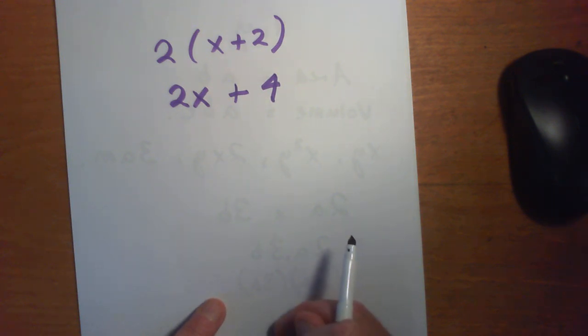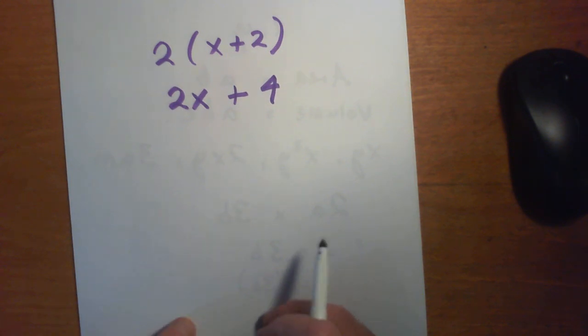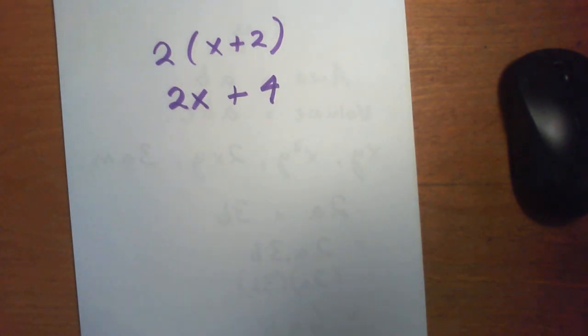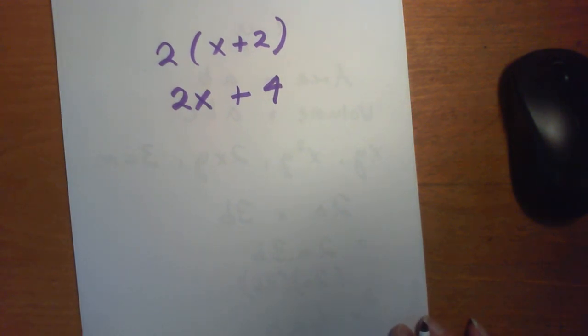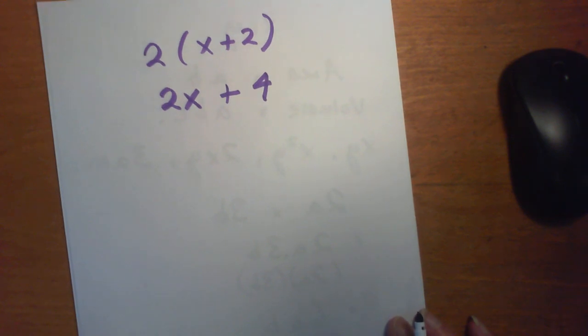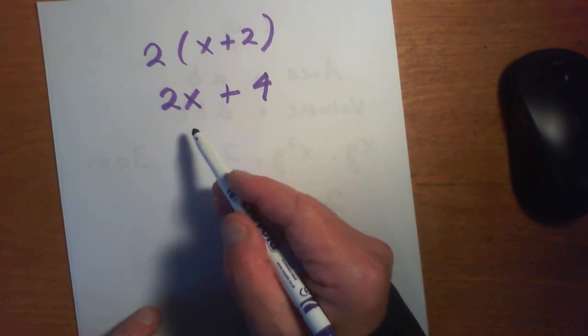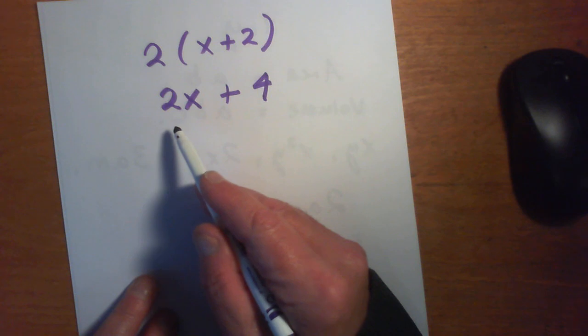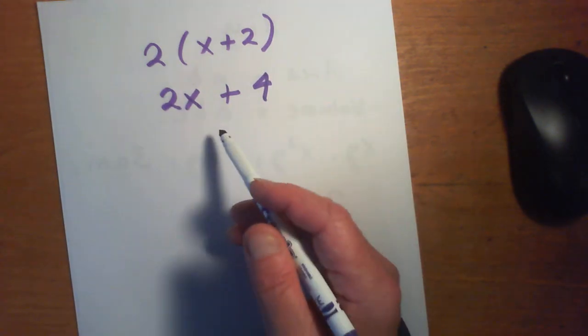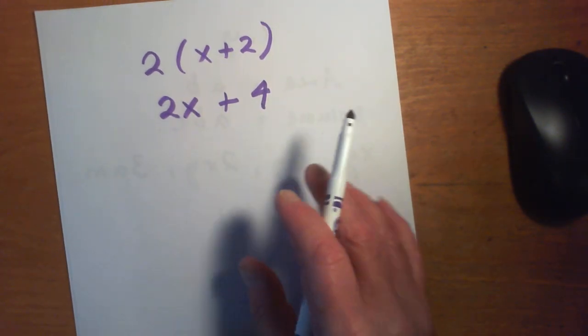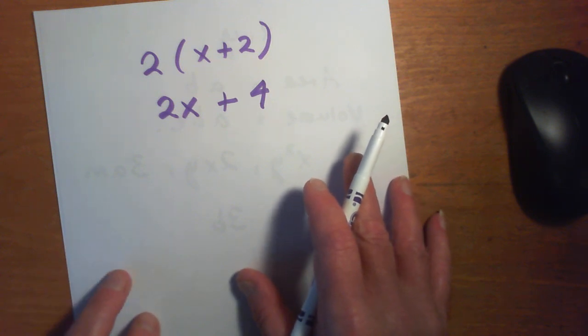Now there is the opposite operation, where you might be given an expression like that and told to factorize it. By factorizing it, it means introducing brackets. So what you would do is see if there are any common factors. We know the answer to this already, but I'll use it as an example.